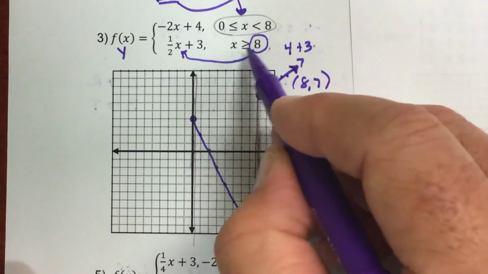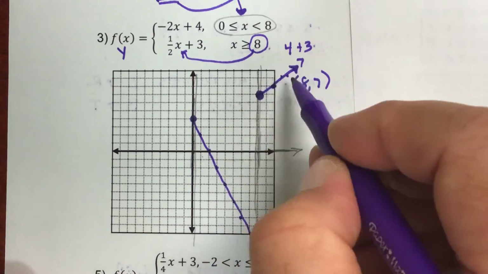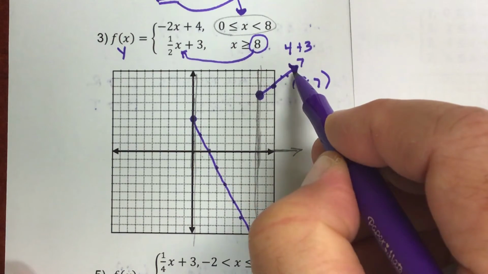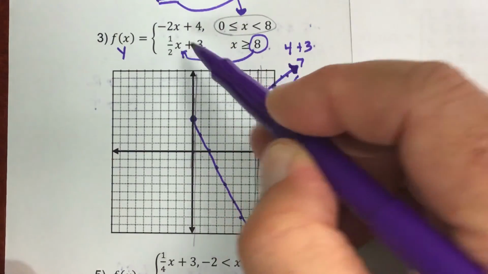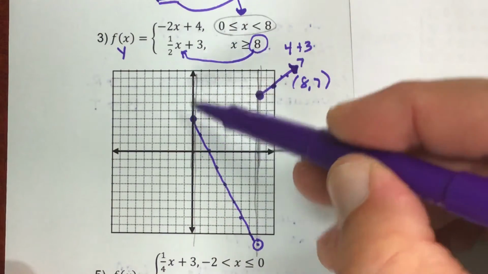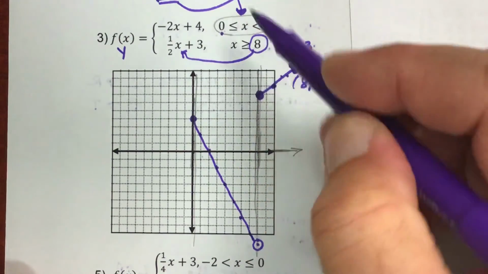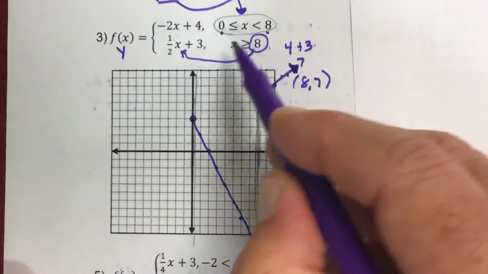Since it doesn't have an ending point, it just says x is greater than or equal to 8. That means it goes forever. That's why this one has an arrow. This piece of this graph doesn't have arrows because it has bookends. It only wants it from 0 to 8. That's the x value.